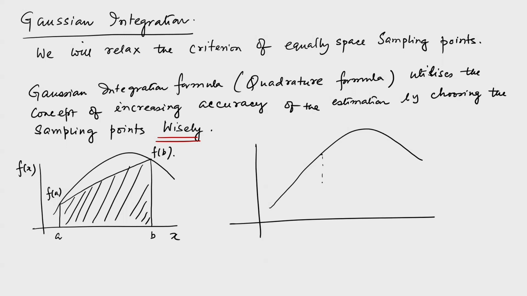So, instead of this point a, we take a point x1, and instead of taking a point b here, we take the point x2. So, this is my x2 point, and then what I say is that I will use this trapezoid and calculate the area of the trapezoid.